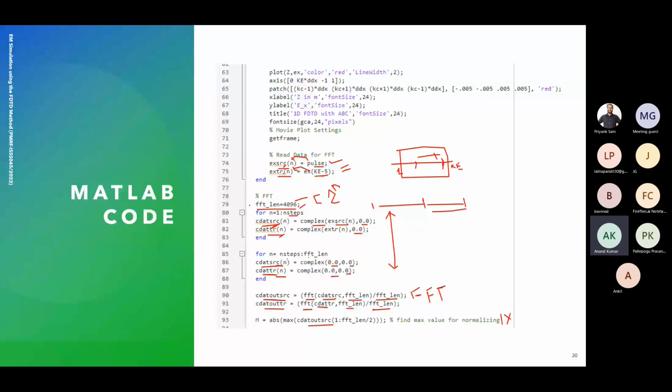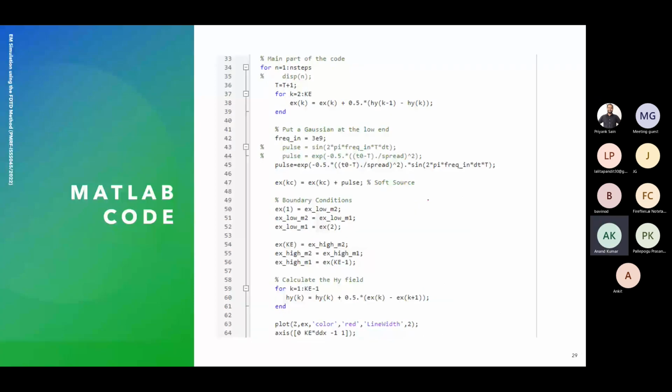Your question in the chat is, what is source and the transmitter? Okay. Our simulation window has a source. Over here we are giving this pulse. This particular pulse generates from here and travels towards the boundary.